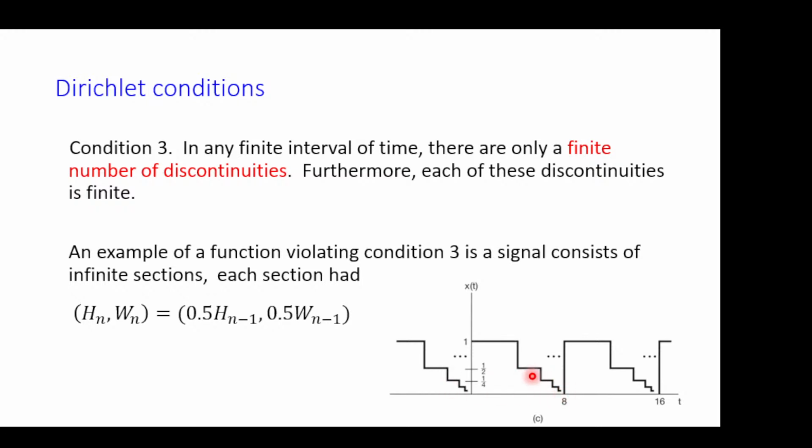Then you go 1/4 the distance and drop 1/4 the height, then 1/8 the distance, 1/8 the height, etc. As you go toward this end point, you can have an infinite number of discontinuities, because by the Zeno argument, you can always cut in half and half and half, into a smaller and smaller amount.